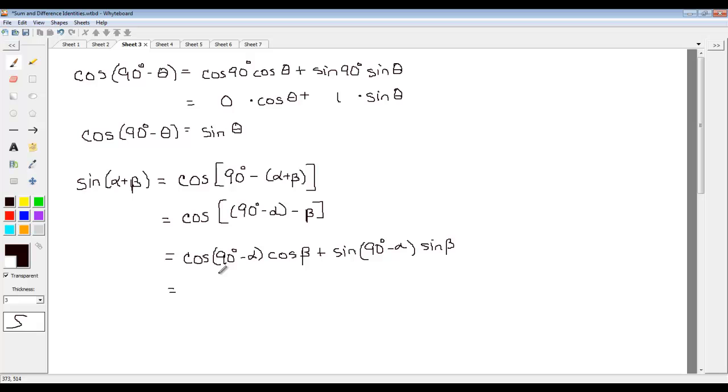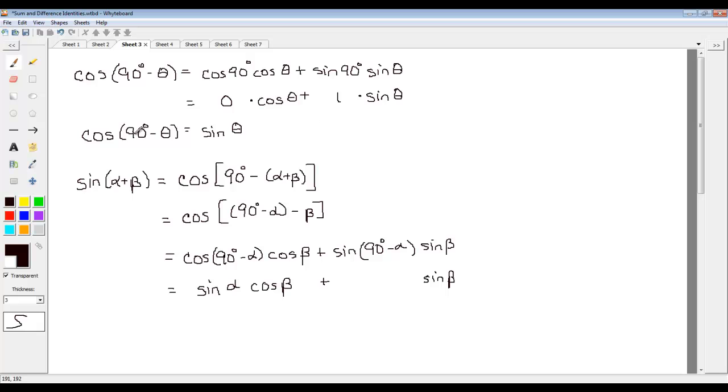Cosine of 90 degrees minus alpha we know is actually sine. So sine of alpha, cosine beta, plus, the sine beta is going to stay, but what is this sine of 90 degrees minus alpha? Well, remember when we were doing the graphing back in the last unit, how you could take the sine graph and shift it pi over 2 units and it would match up with cosine. Same thing vice versa, cosine, shift it negative pi over 2, you get sine.